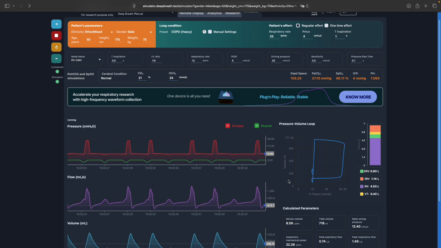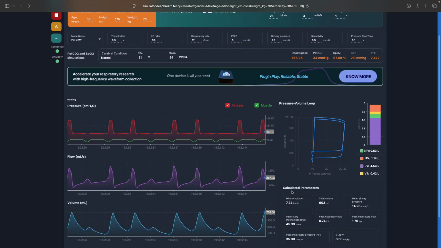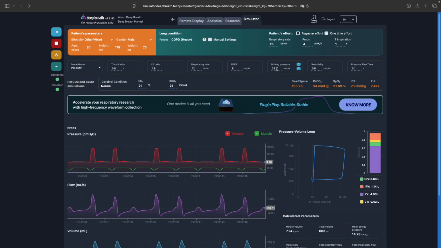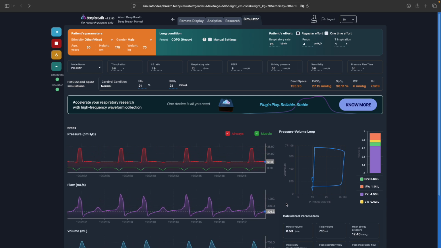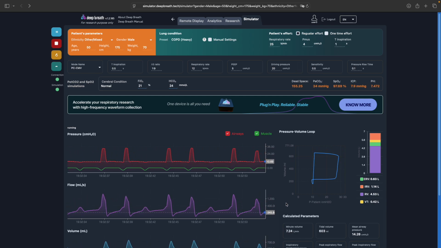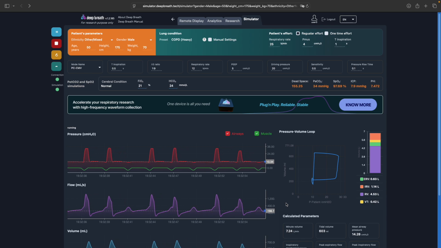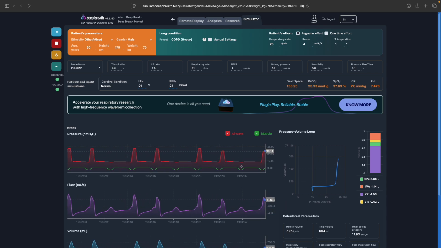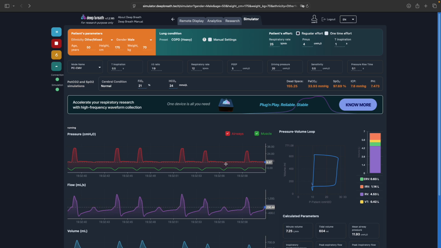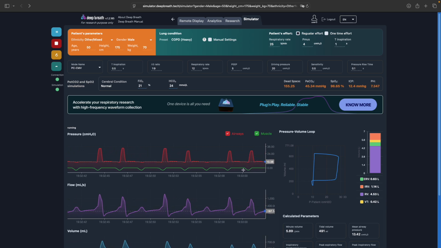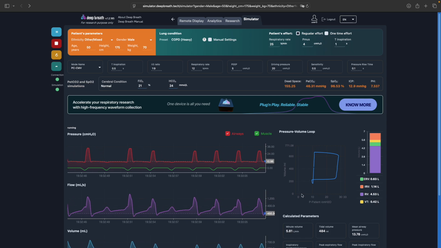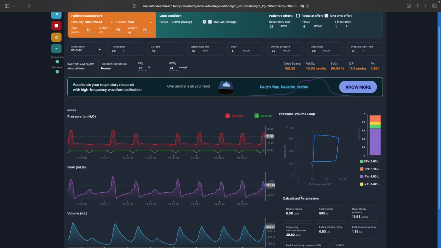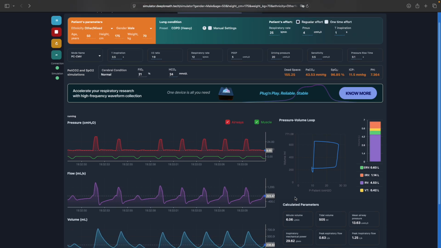It's now quite high, so we want to reduce it, for example, to 20, and it will be much better synchronized, but still sometimes we will have failed triggering breath.